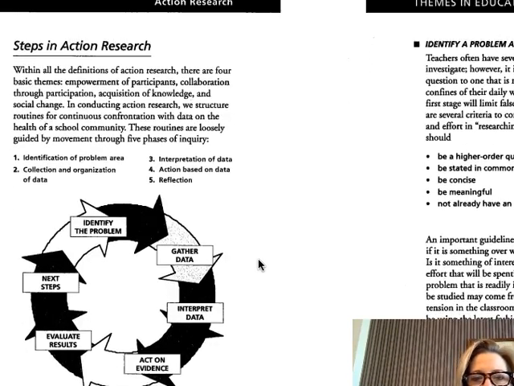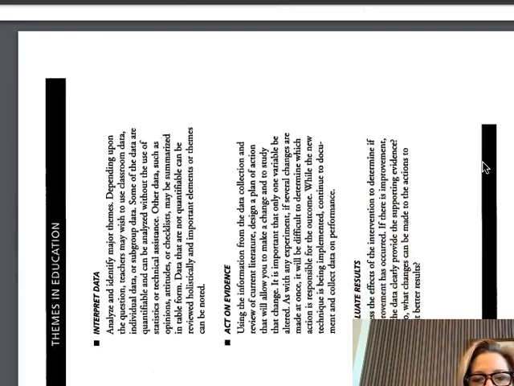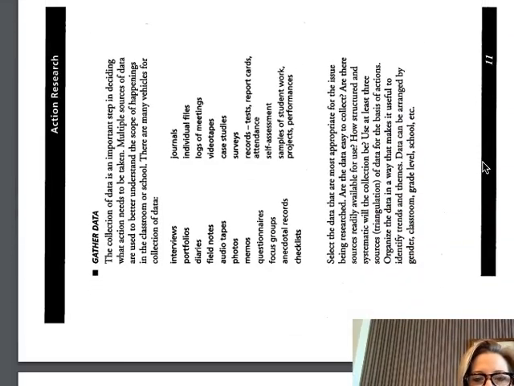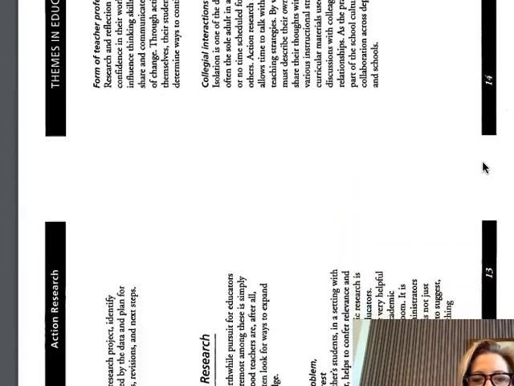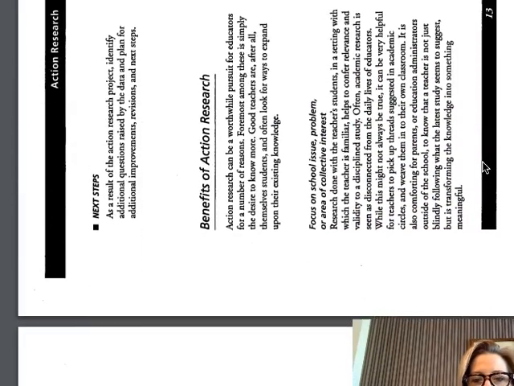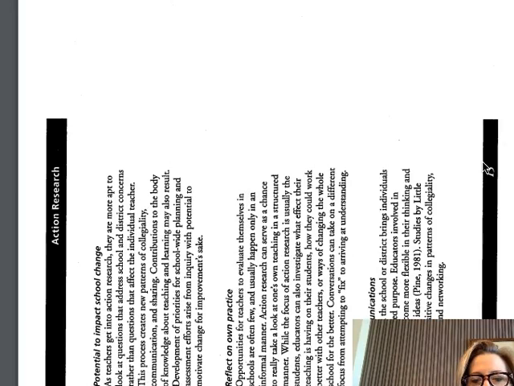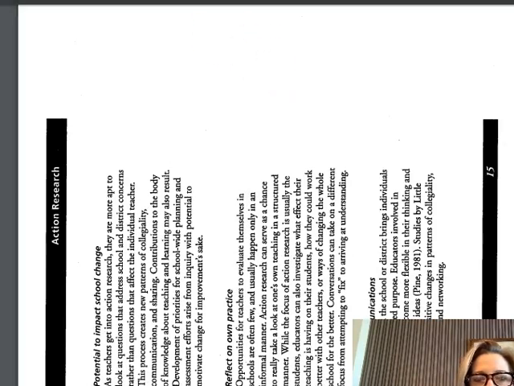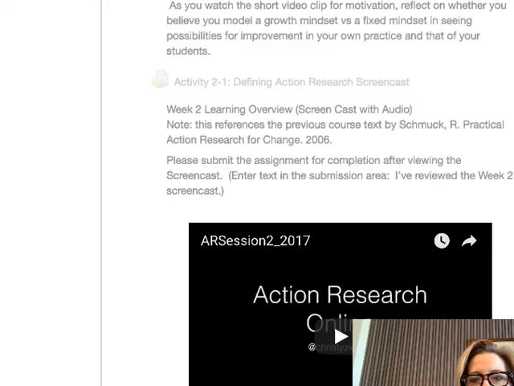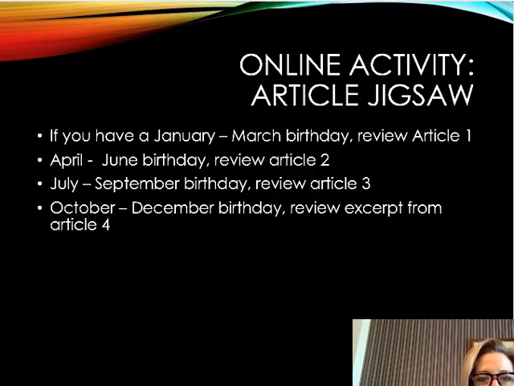So it kind of gets into the steps of action research. It gives you a little bit more meat about identifying a problem, so it's good stuff. And you've got a few more: gathering data, next steps, benefits, and a final page. So again, it's just meant to be an activity that will provide some additional knowledge for you, additional resources, and so that is a part of the assigned work this week.